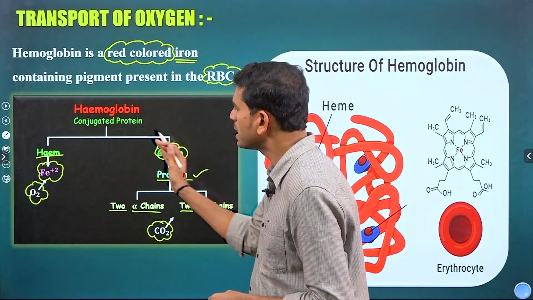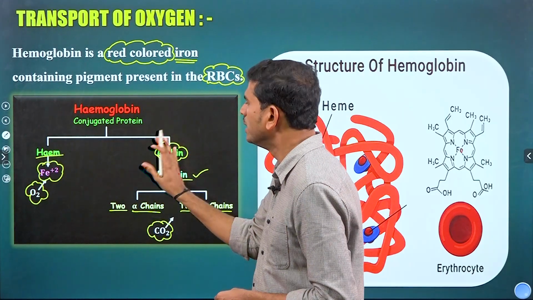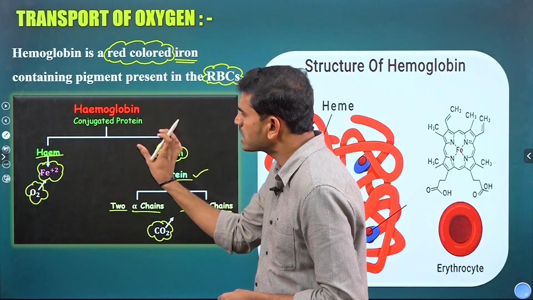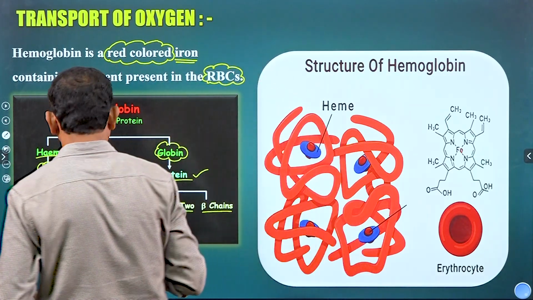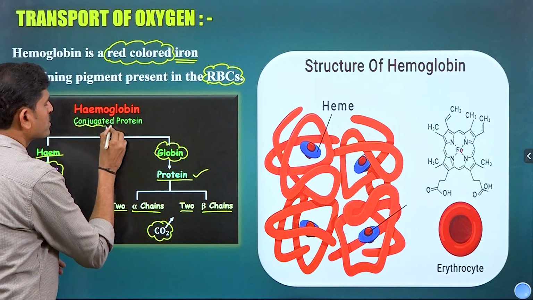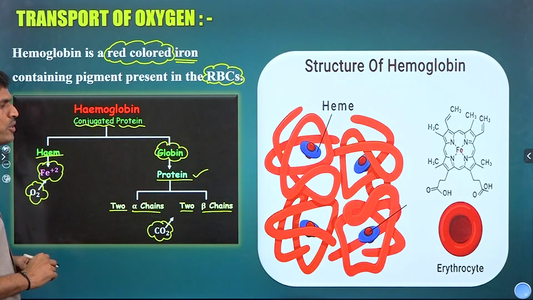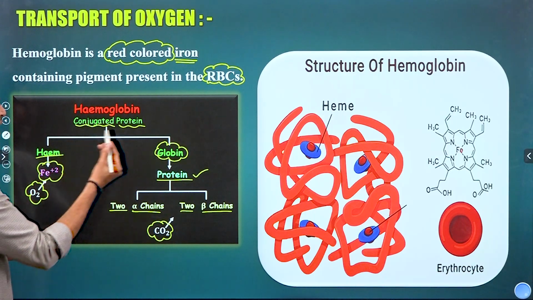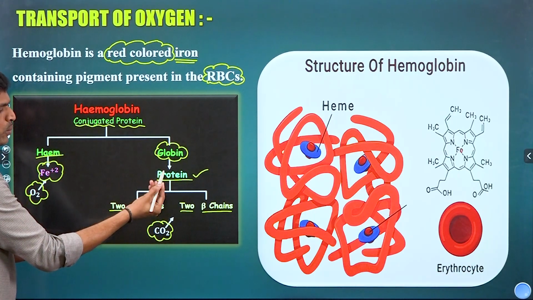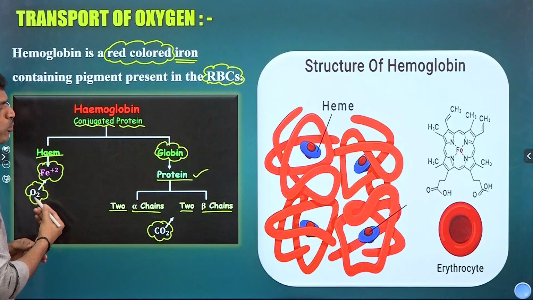So heme plus globin makes hemoglobin; both parts are present in a hemoglobin molecule. That's why it is called a conjugated protein. Globin is the protein part and heme is the non-protein part.